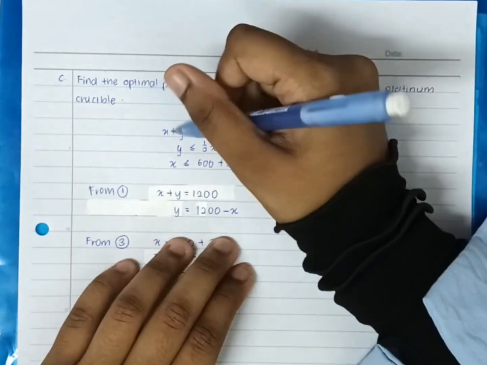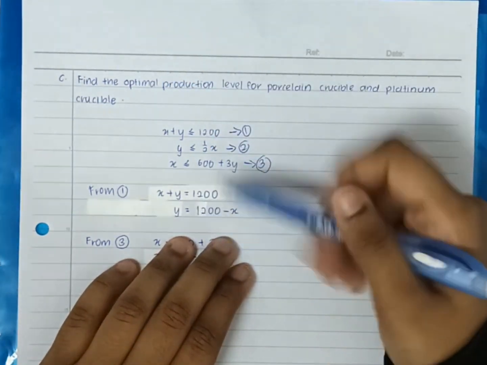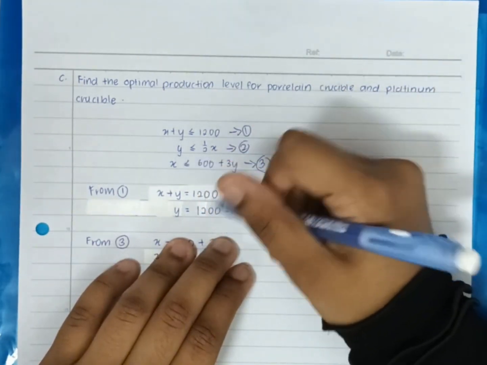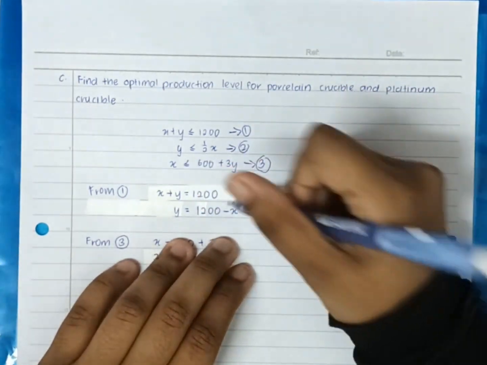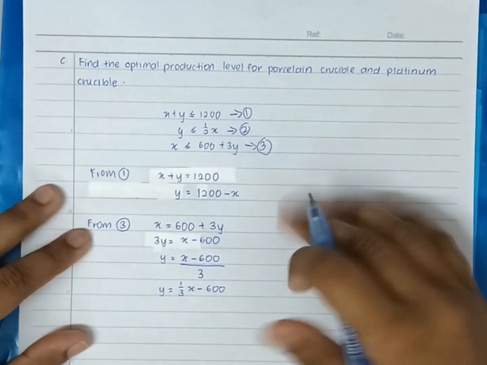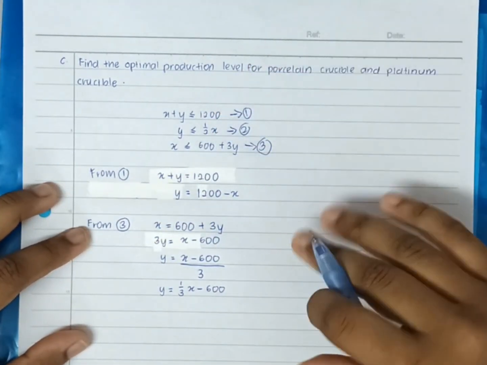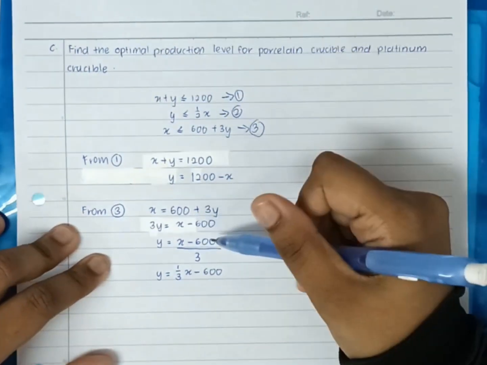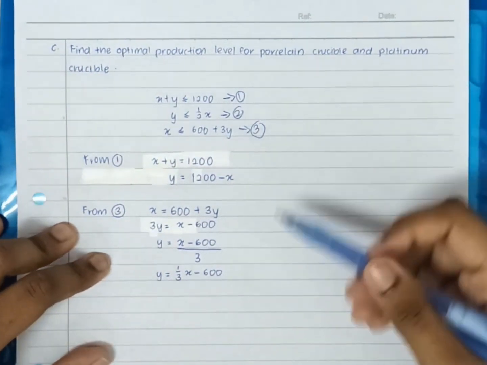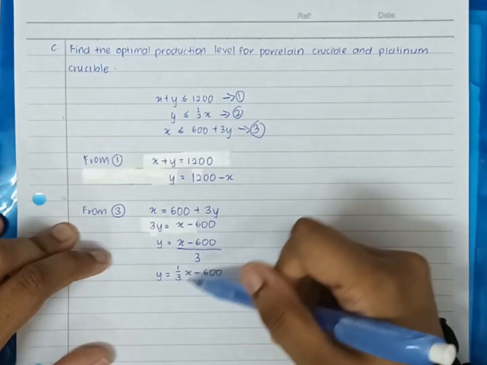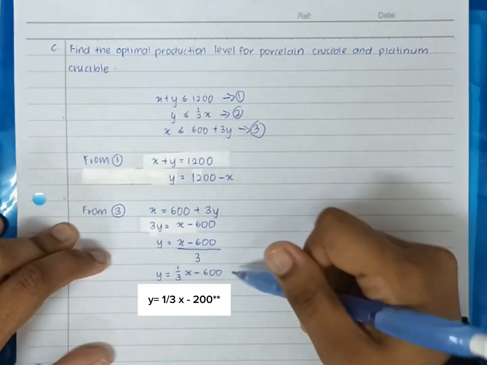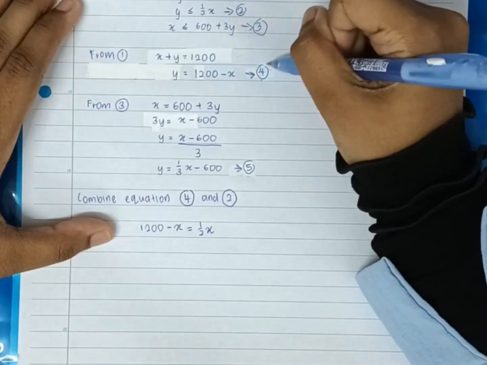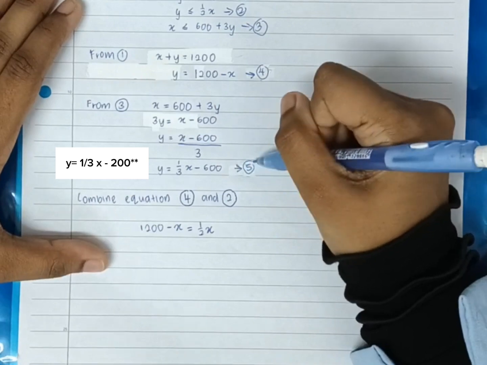So equation 1 becomes y equal to 1,200 minus x. For equation 2, we will not need to convert it because it's already in y form. For equation 3, we also convert it, and we will get y equal to 1 over 3x minus 600.